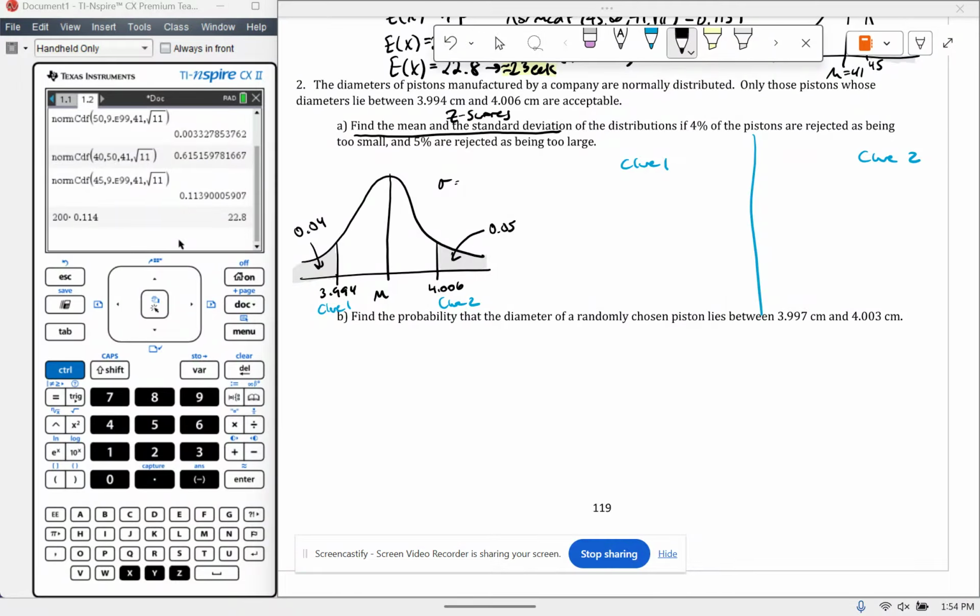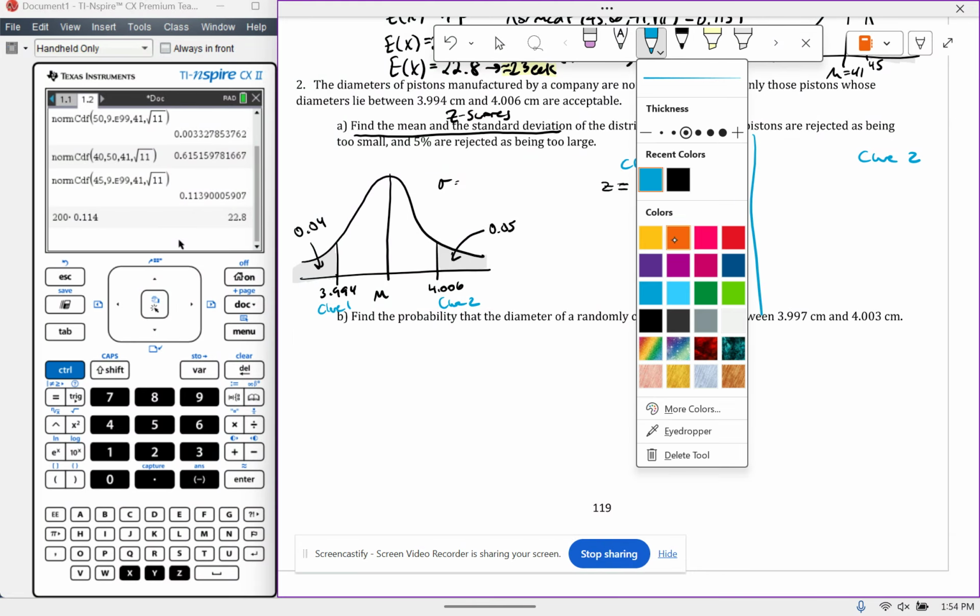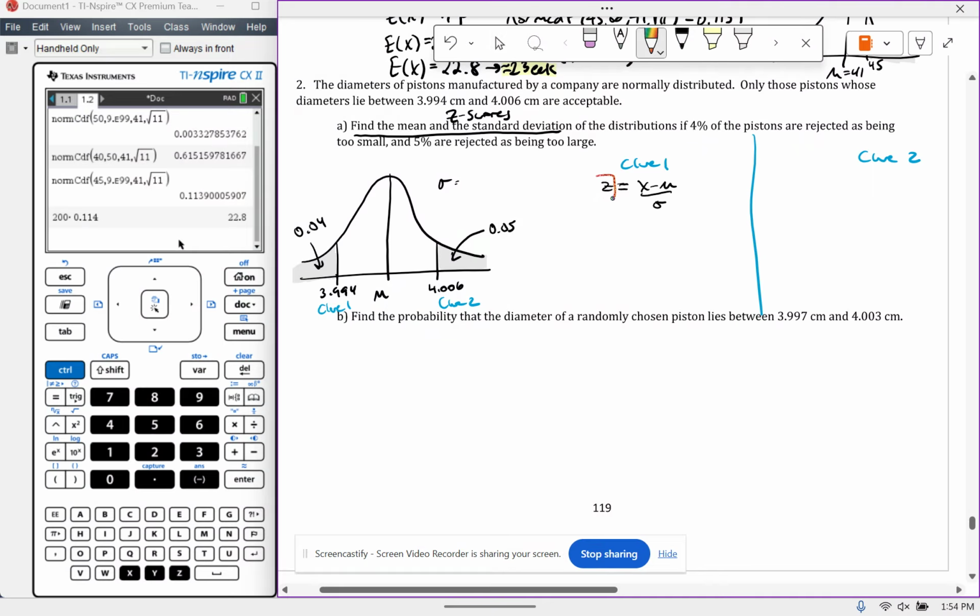When I'm trying to find the mean and the standard deviation, I'm going to start with the z-score conversion. Now, remember, the z-score is the data's relative standing in the standard normal distribution curve.